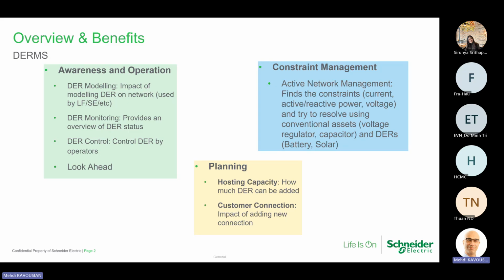Yesterday Sunia was explaining how you can configure control sequences or interlocks to send multiple commands, but DR has its own, because you can have multiple set points, so you can send multiple controls as well.